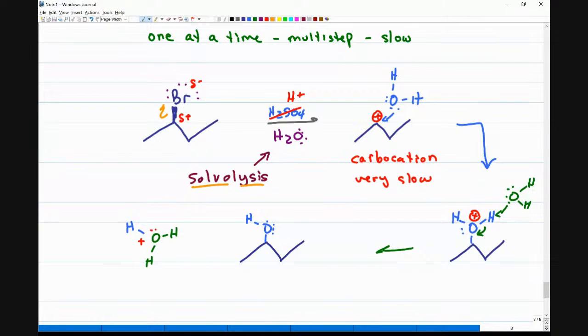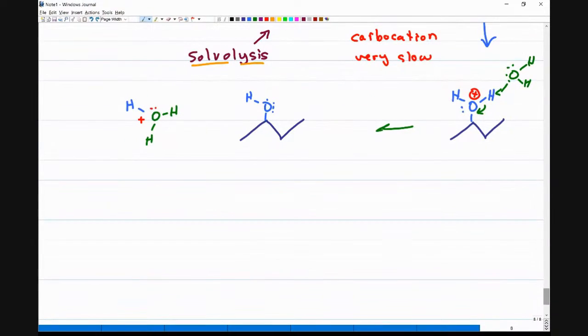And I want you to notice how we started with a chiral carbon, and I drew the product with just a line. But is this a chiral molecule, my final product? Well, yes, it is, because this carbon has oxygen, ethyl, methyl, and an invisible hydrogen. So really, I should have drawn this product chiral.